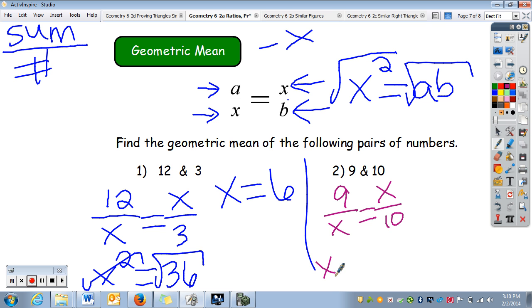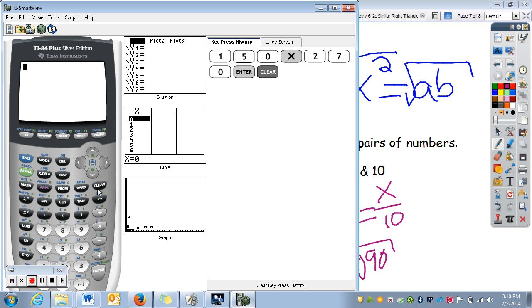We get x squared equals 90. Alright. And then we can take the square root of 90.